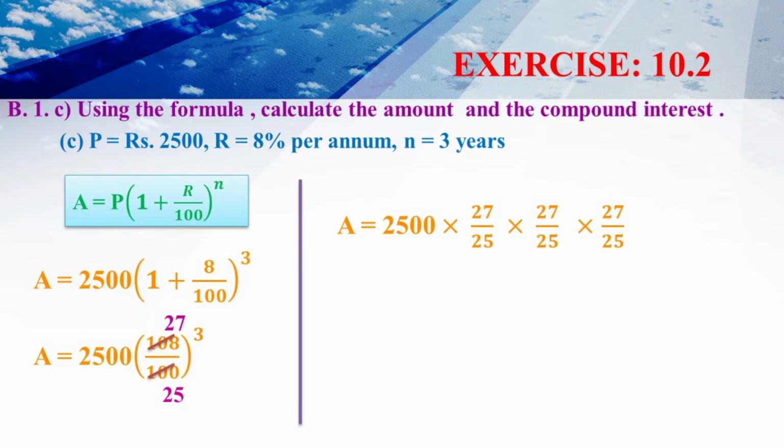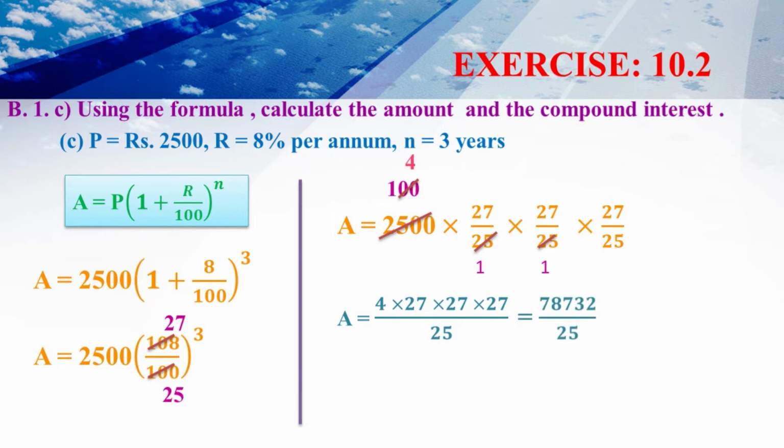Now cancelling by the common factor, the common factor is 25. So 25 times 100 is 2500. Again cancelling by the common factor of 25, 4 twenty-fives are 100. Now we can write 4 into 27 into 27 into 27 divided by 25.